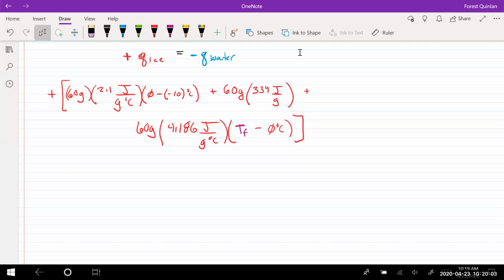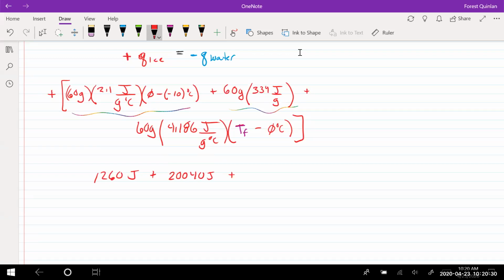Okay, so I need the first thing here calculated for me, and the second as well. Say it again, Dallas. 1,260 for the first, and 20,040 for the second. 20,040 joules.